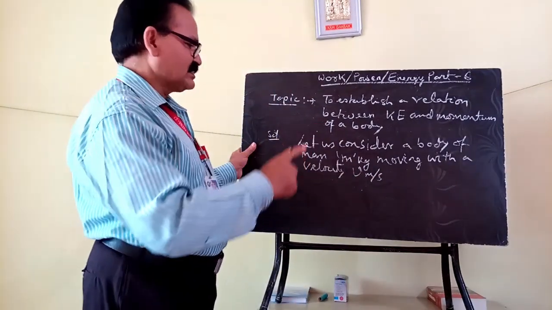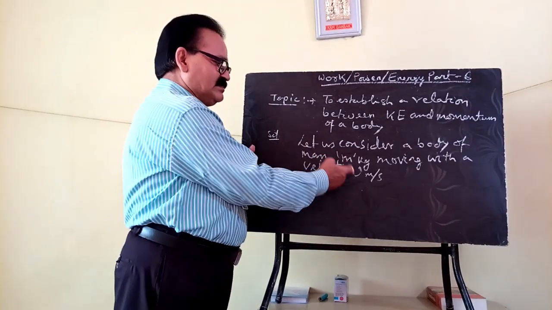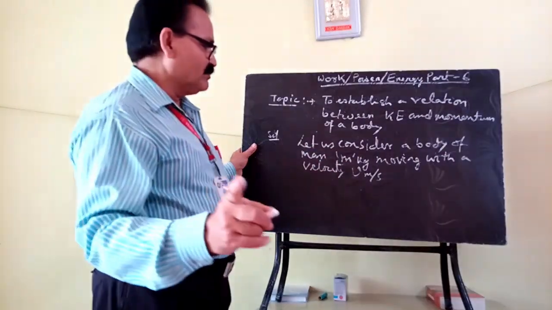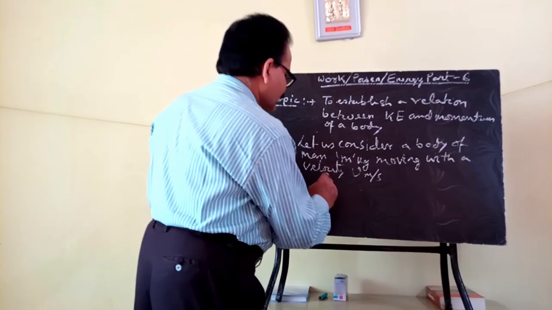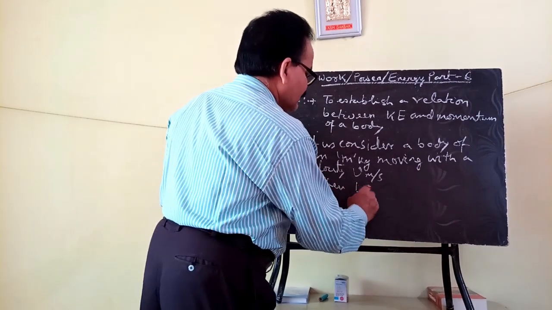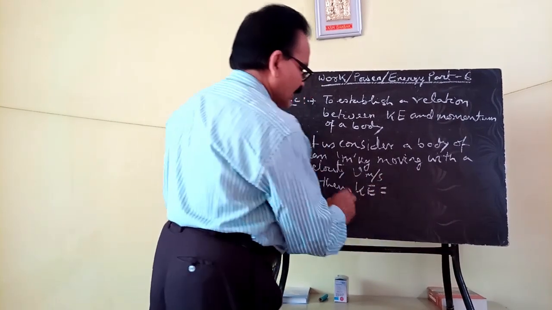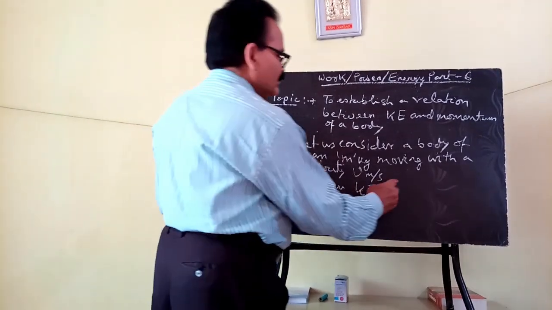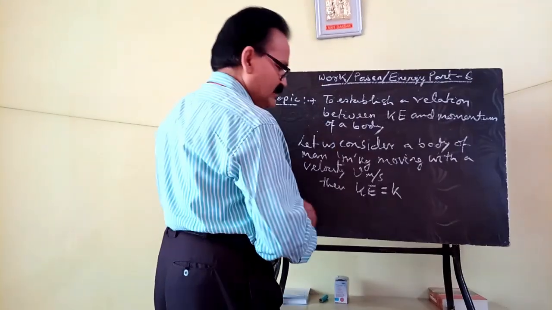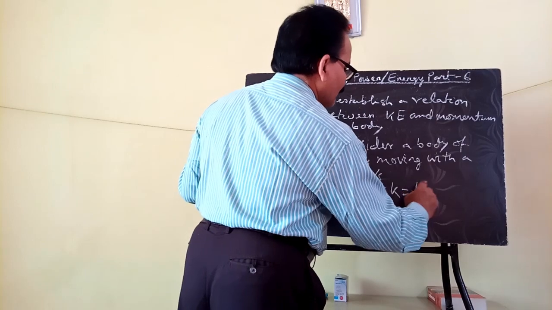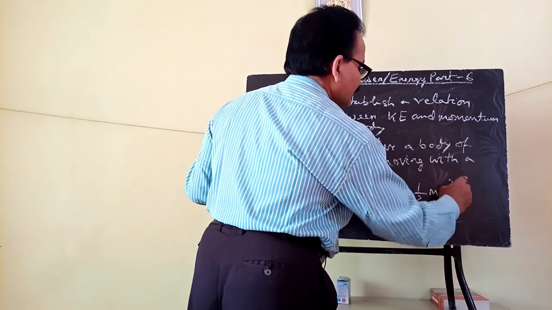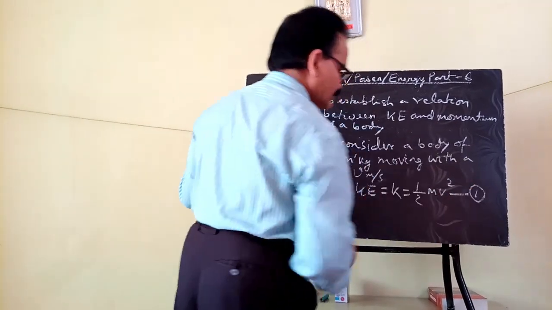Then the kinetic energy of the body, which may be denoted as K, will be equal to half mv square. That is your equation 1.